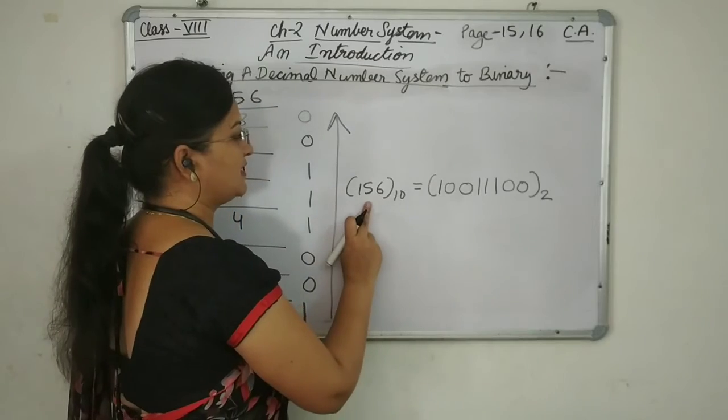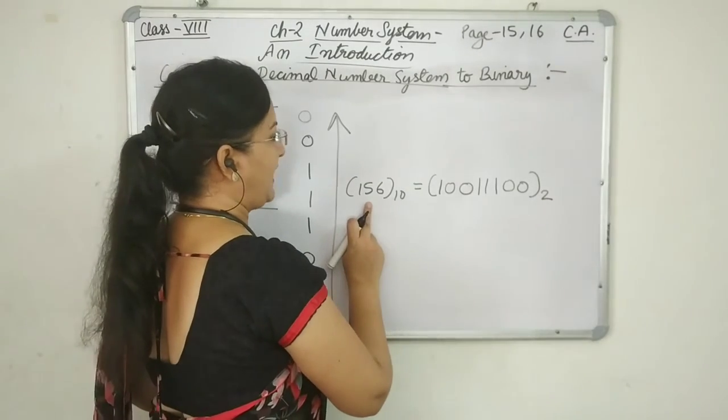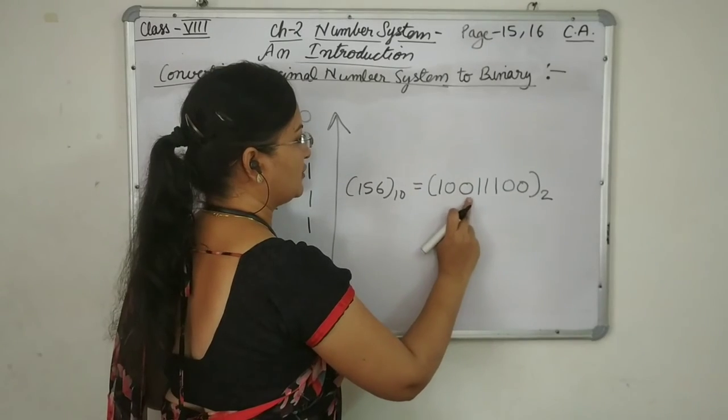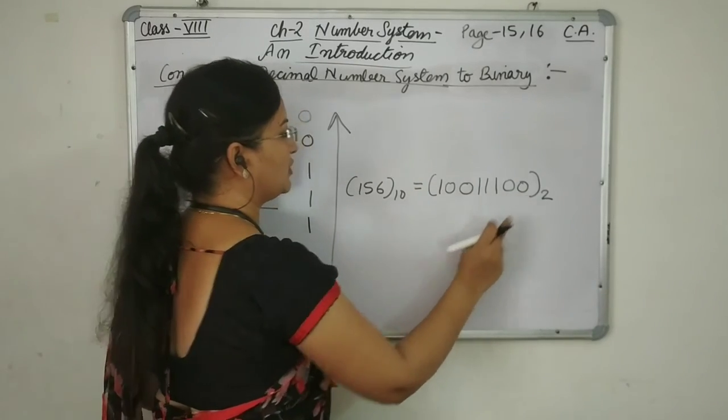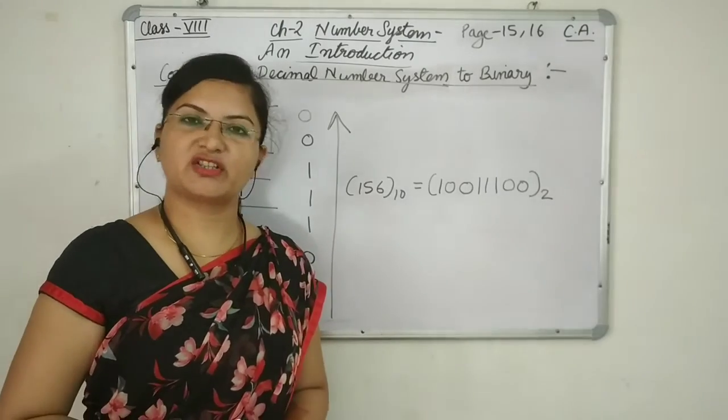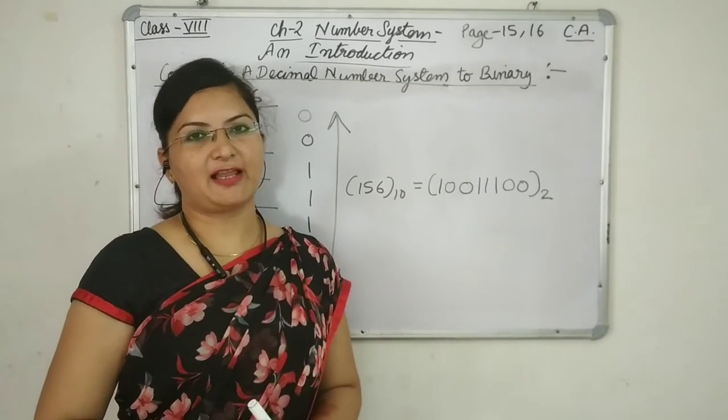This is decimal number 156, and this is how the computer understands it in the binary number system: 100111100. This is 156 as used inside the CPU for calculations.